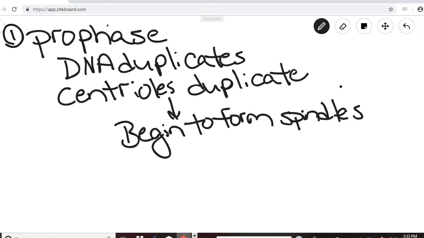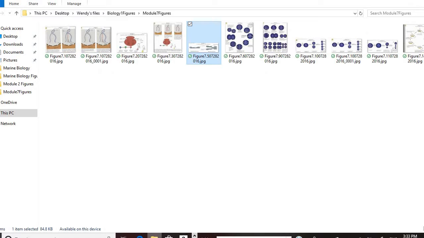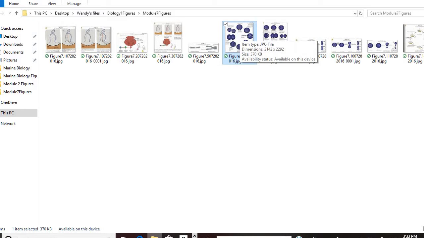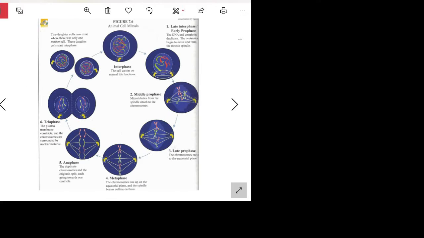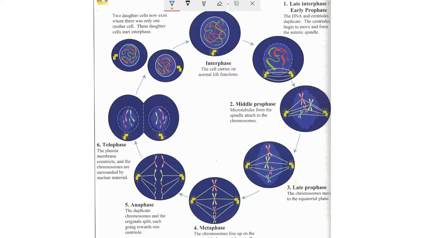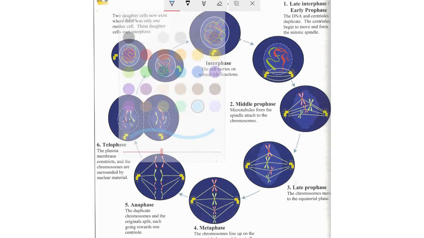Let's not erase that, but let's go and look at a picture. Here is a picture of the steps of mitosis.